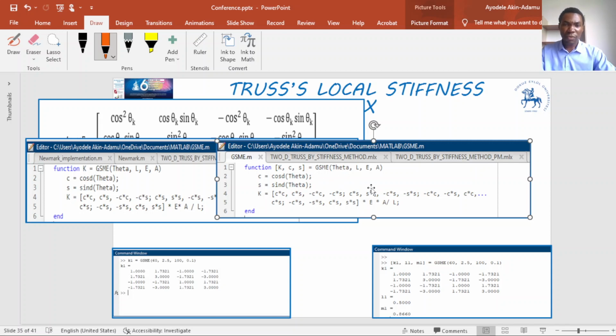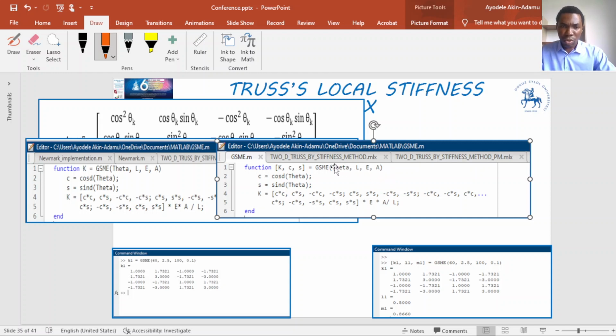So for us to use this function, we need to enter 4 parameters. For each element, we need to enter the angle, which I define as theta. We need to enter the length, which I define as length, the length of the element. And we also need to enter the Young modulus and the cross-sectional area of the element, which I denoted as E and A respectively.